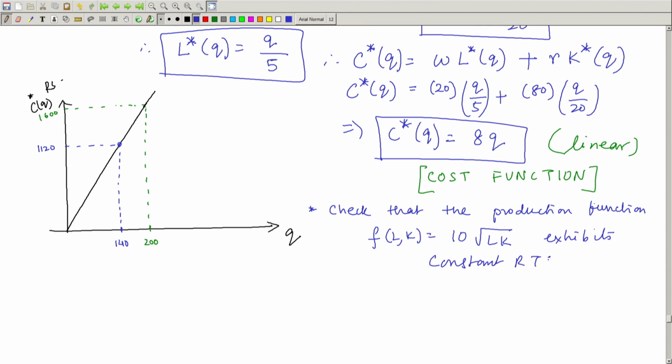So, there is constant returns to scale for this production function, and you can check that if you scale up the labor and capital by a factor lambda, your output is going to increase by exactly the same factor lambda.